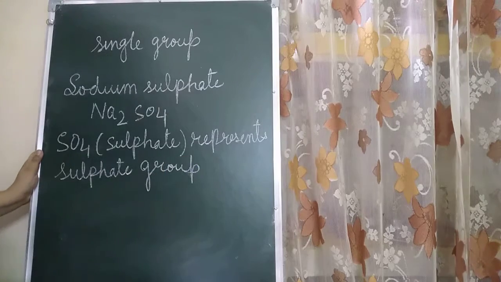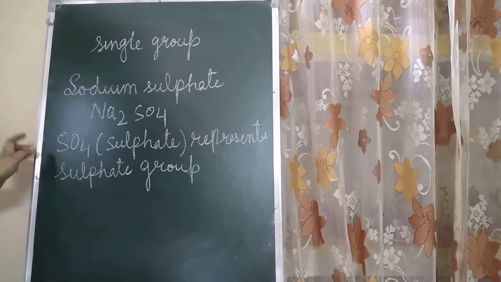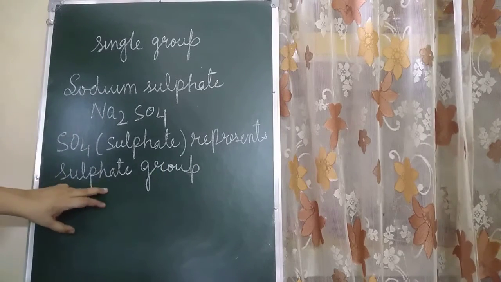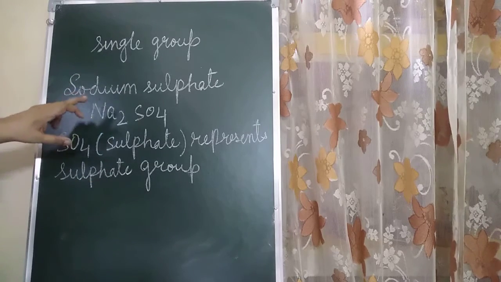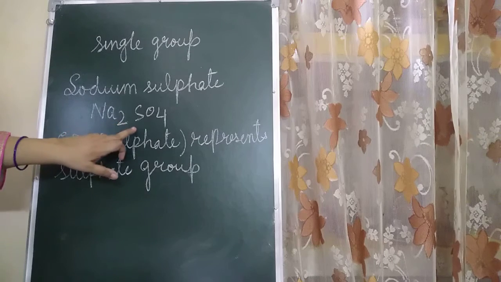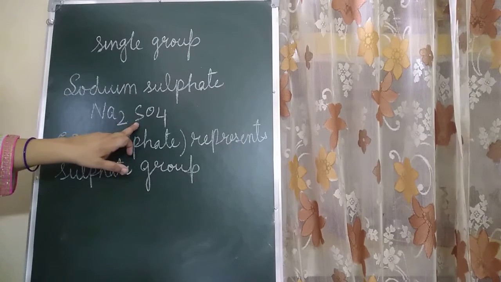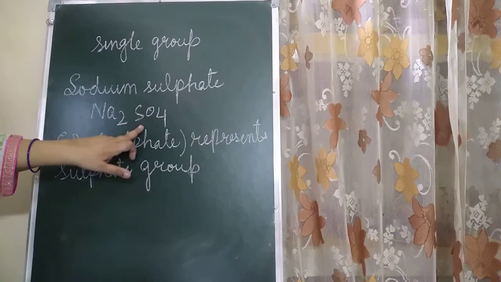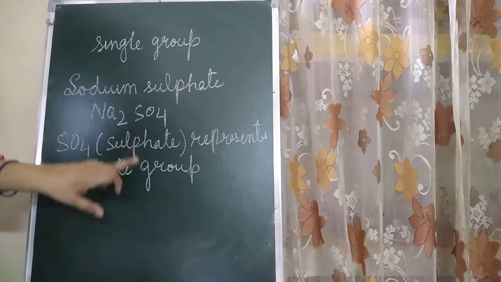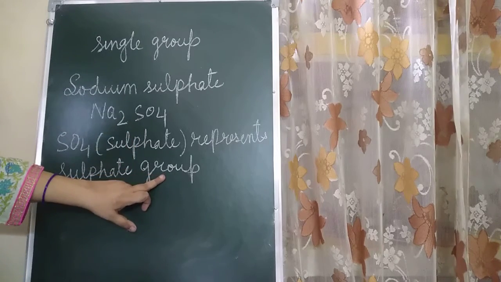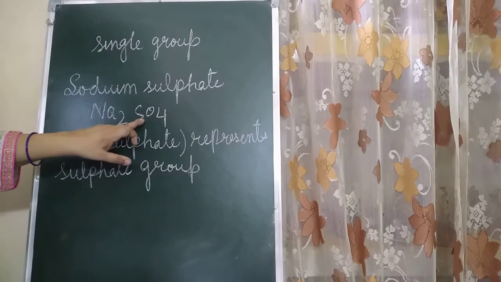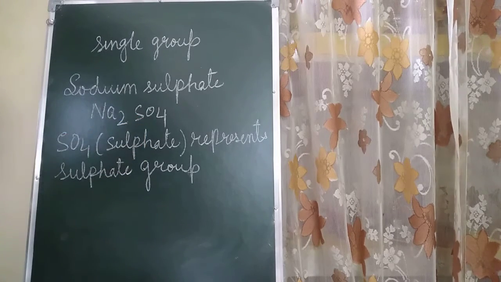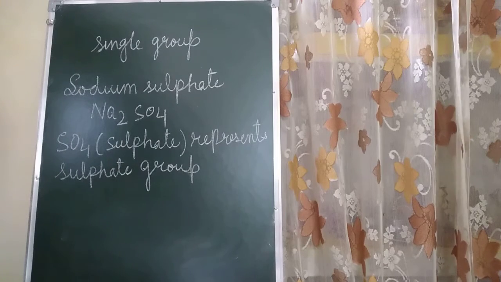What I said in the starting, in some compounds two or more elements together form a single group. Now, this is the sulfate group. Sulfur and oxygen are there in this group, children.